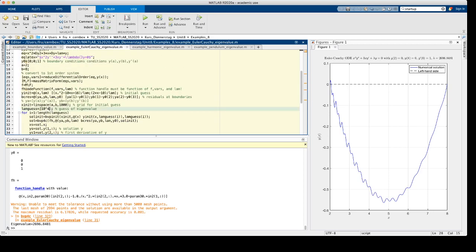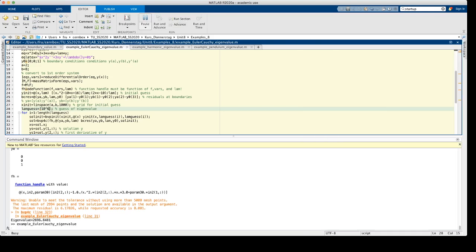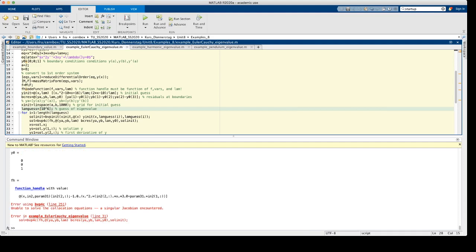Let's try 10 to the 6 as a first guess of the eigenvalue. In this case, we get an error message. The script aborts, and the problem is obviously a singular Jacobian matrix somewhere deep inside the algorithm.